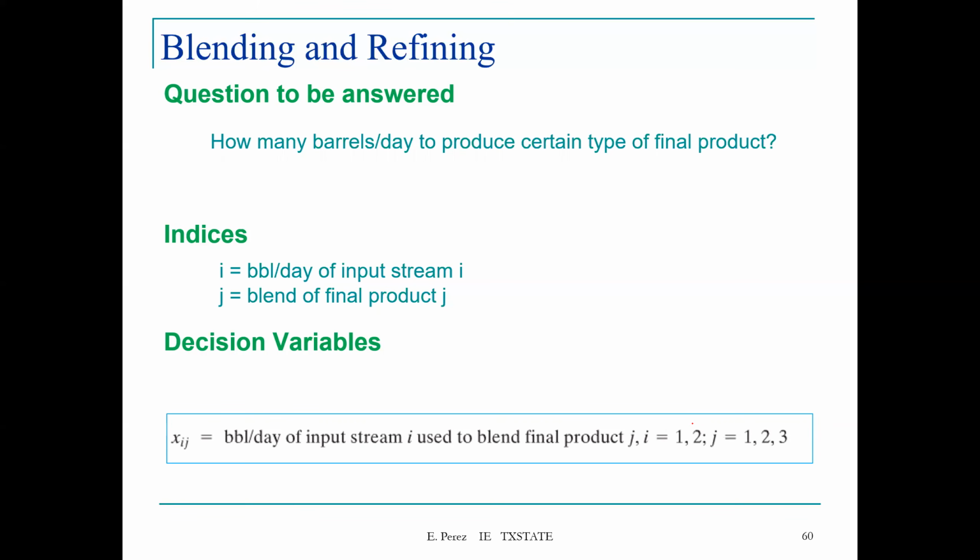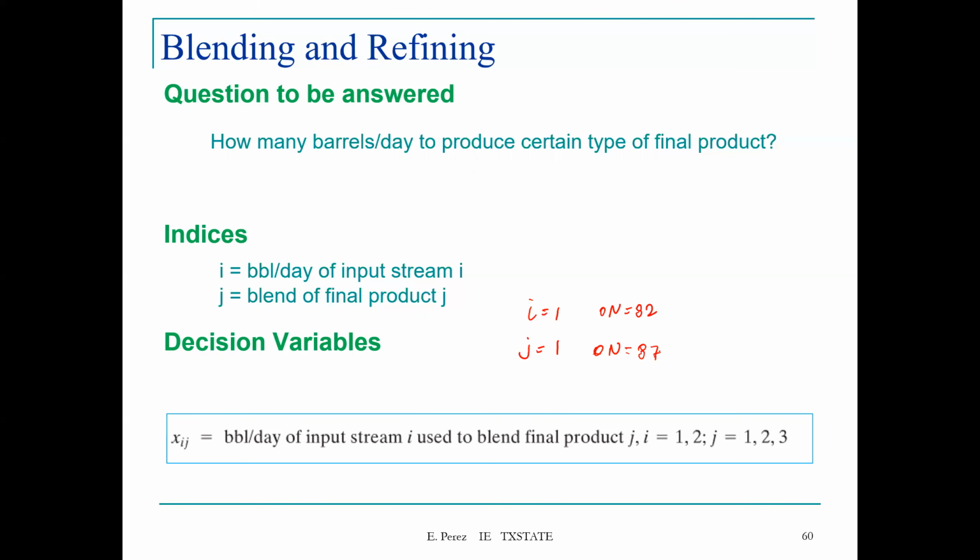So let's say if I equals 1 and J equals 1, then we are using input stream, let's say ON equals 82 will represent 1, and then this is for the final product. Let's say that ON equals 87.